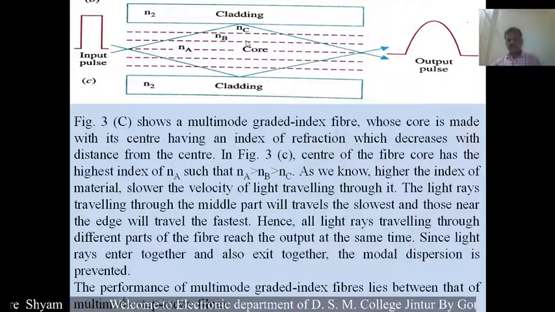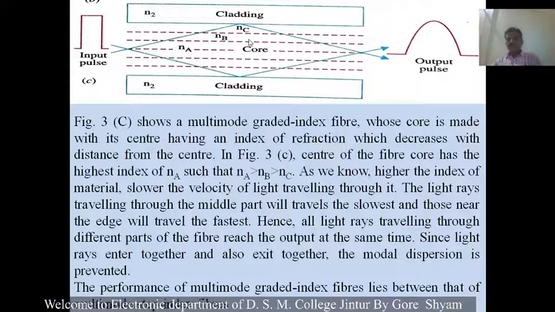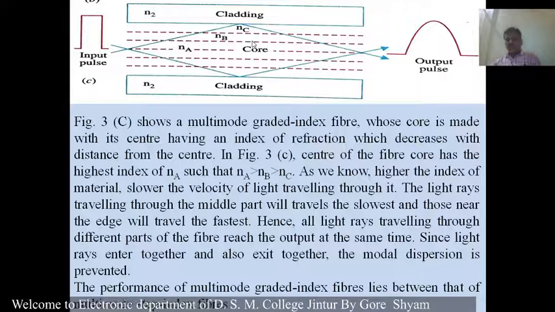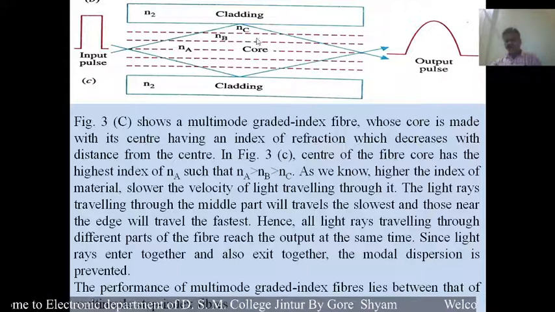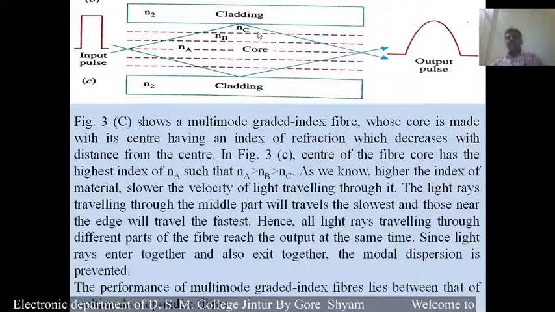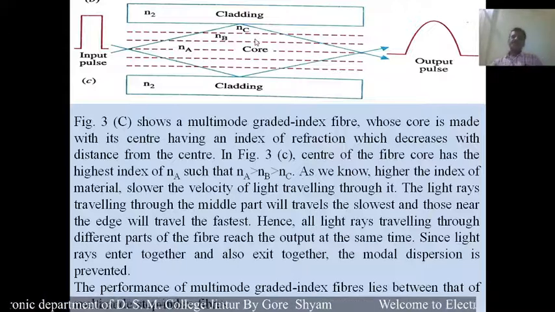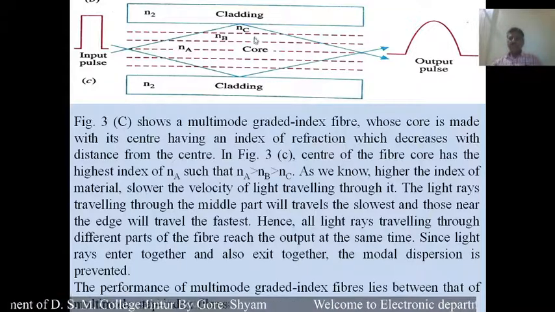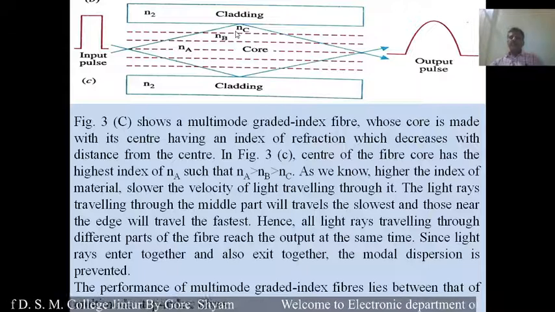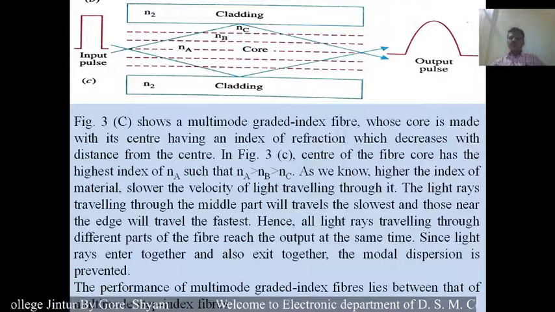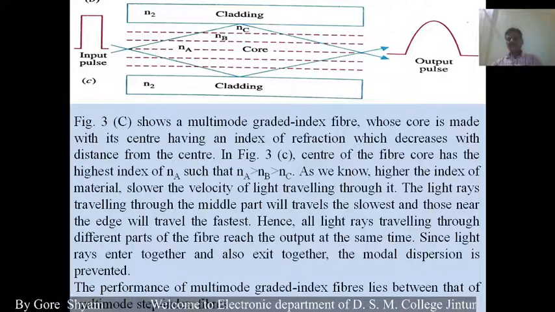The performance of the multimode graded index fiber lies between that of the multimode step index fiber and the single mode one. The single mode step index fiber is used for long distances, and the multimode graded index optical fiber is used to transmit information over shorter distances. This is the classification of optical fiber.